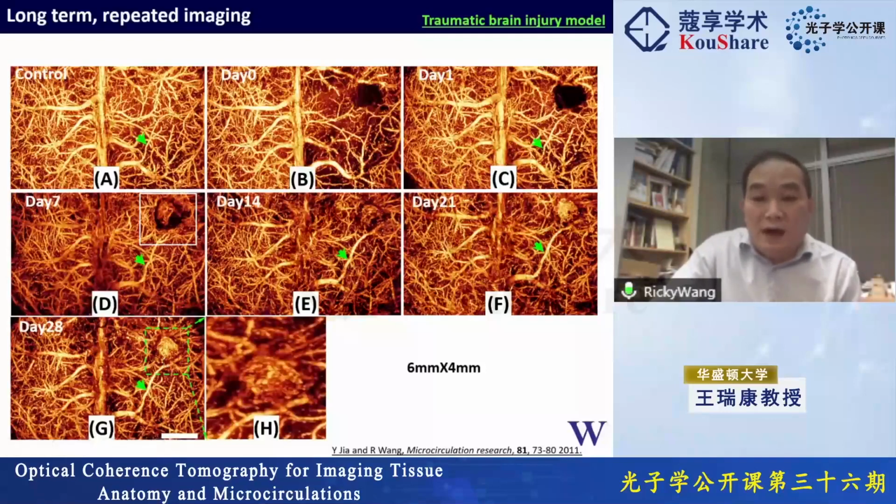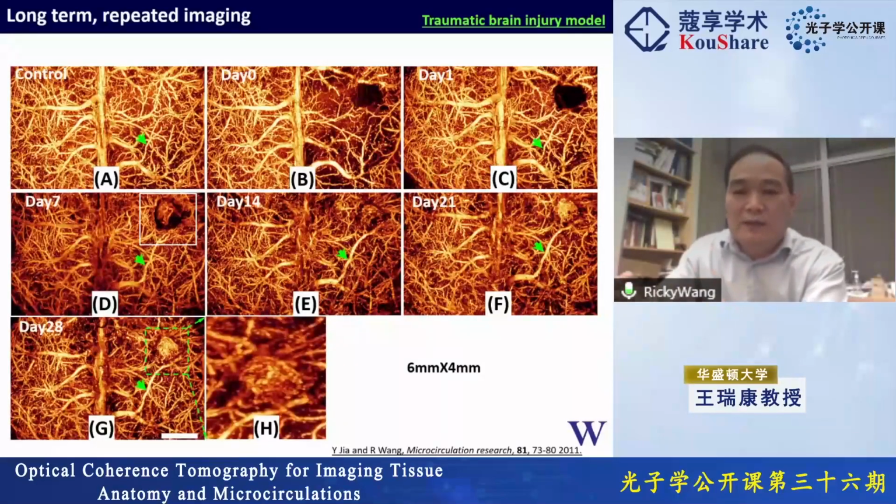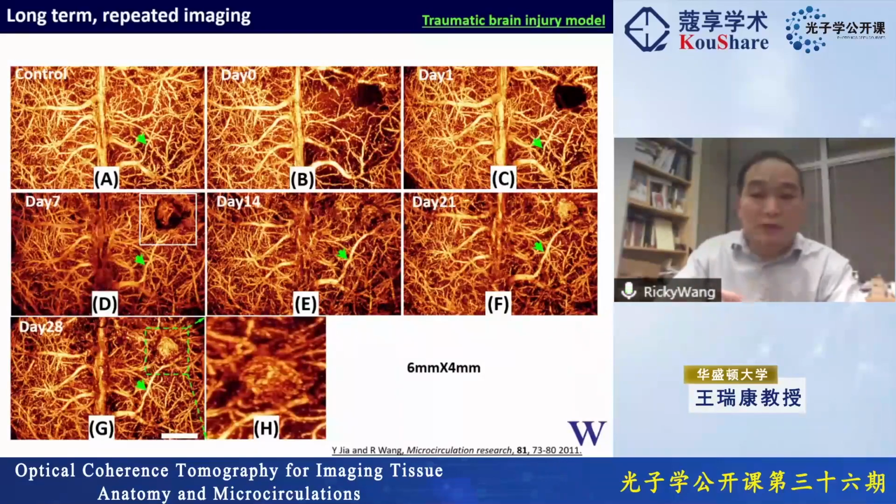One obvious feature in the OCT image is that OCT can look at angiogenesis, right? Because the injured tissue needs to heal, the healing process will bring about angiogenesis. In this case, angiogenesis is good, it will assist the tissue healing. So obviously you can see the angiogenesis using the OCT system.